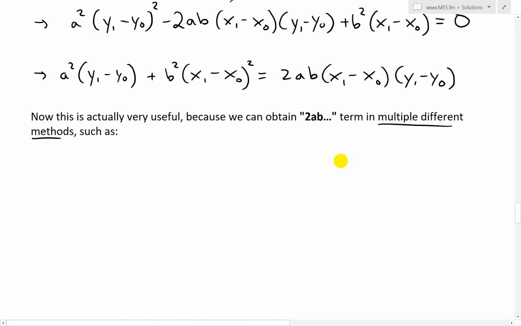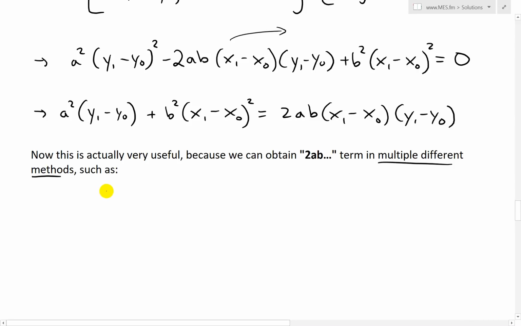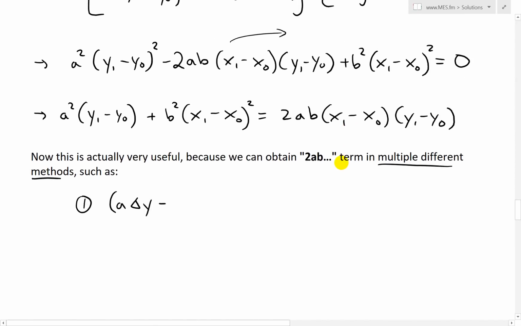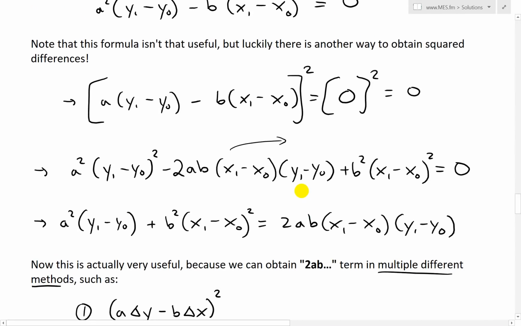The one we did above, number 1, is a delta y minus b delta x, squared. I'll write this as delta y, and this one is delta x, just for reference.